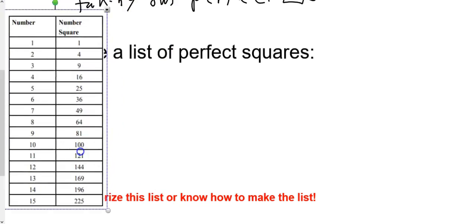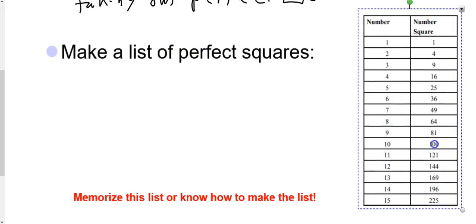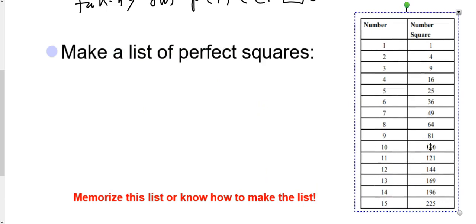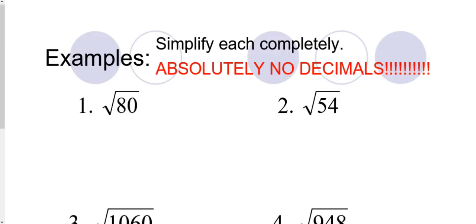It's up to you. Okay? Now, you should have a good idea of most of these numbers to memorize them. But if not, you just have to take your calculator and square all these numbers. 2 squared, 3 squared, 4 squared, and so forth. But you're not going to have it memorized because we do have it on the desk to use in class. But it is good to know as many as you can.